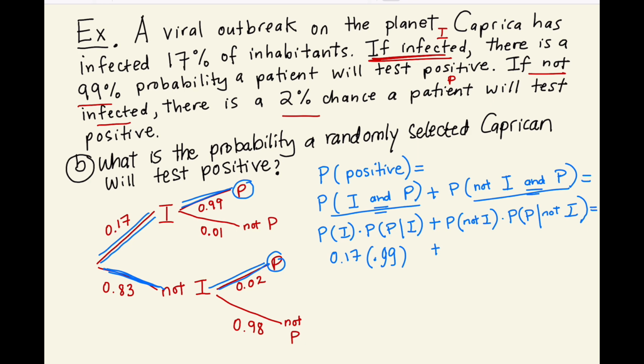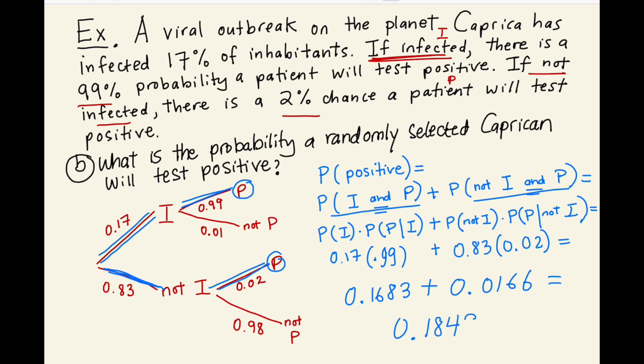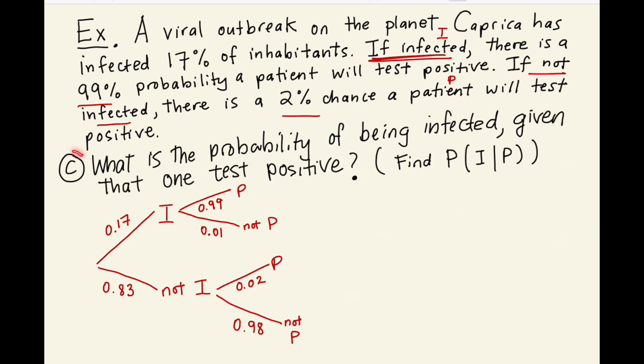So we have 0.83 times 0.02. So the probability of testing positive is about 0.1849 or about 18.49%.